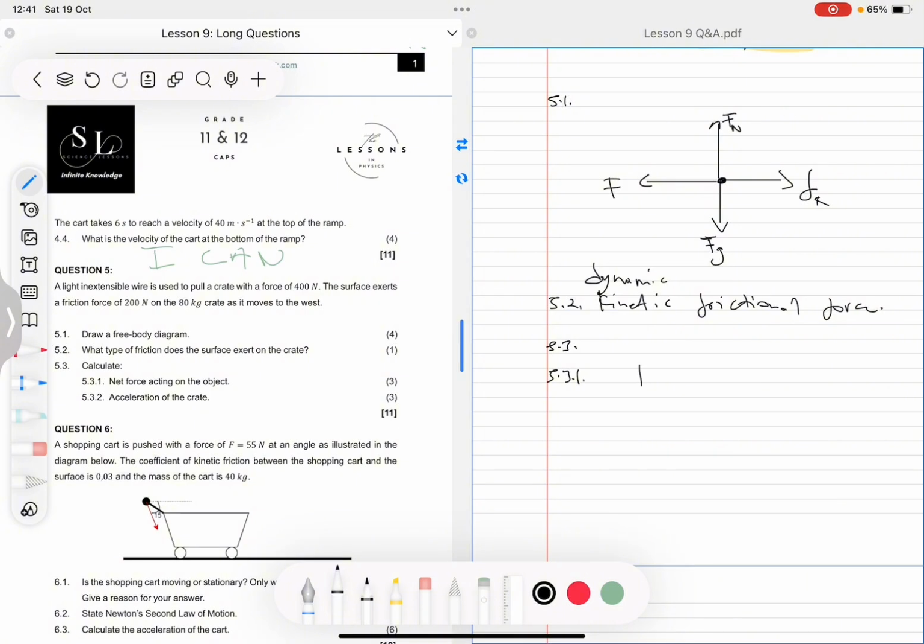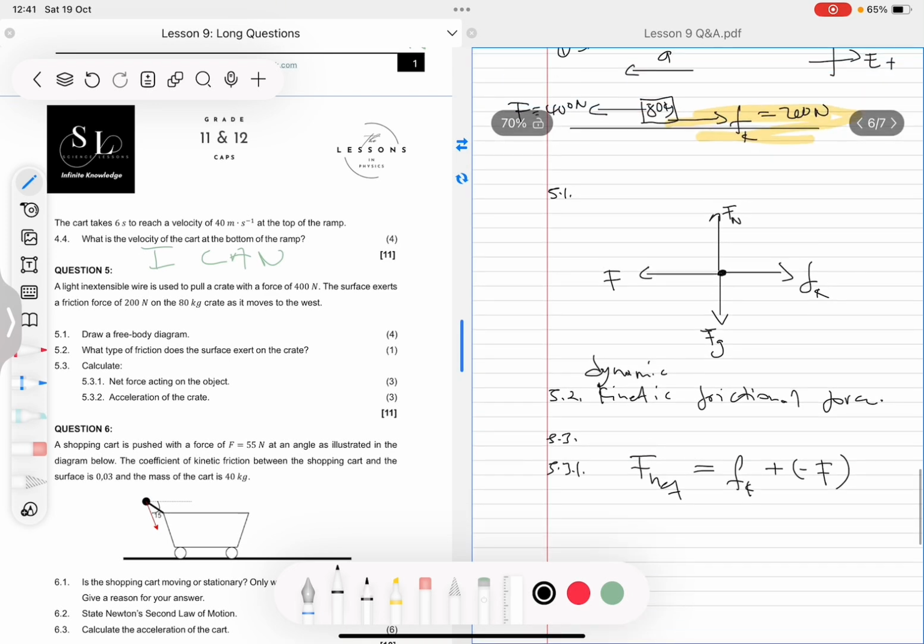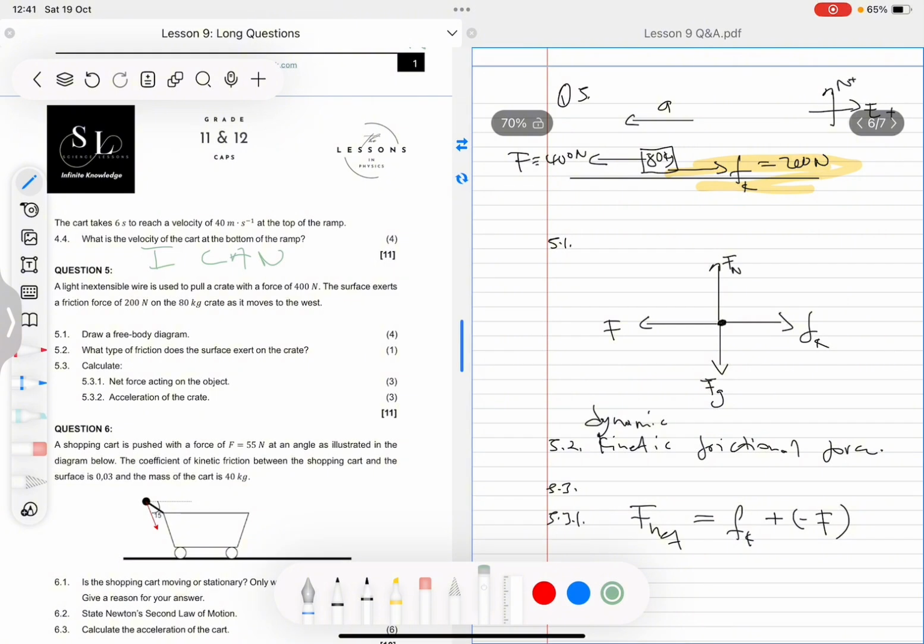To get the net force, we're going to use our definition of the net force from lesson 1 of Newton's laws in our series of lessons, where we said the net force is equal to the vector sum of all the forces acting on an object. So I'm going to add these two forces. I will say Fk, the kinetic frictional force, plus minus F, because this force goes to the positive direction to the east, and this one goes to the negative direction to the west.